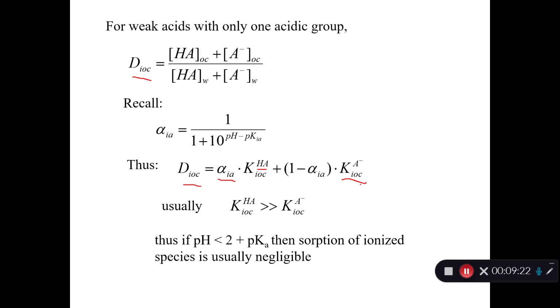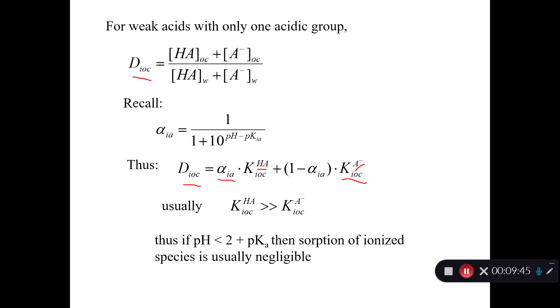Now, most likely we won't be able to find this. But let's say we could. Then we would multiply that by 1 minus alpha because for an acid, 1 minus alpha is the amount of mass that's in this negatively charged form. So we're basically calculating a weighted average of these two equilibrium constants based on how much of the chemical is in the neutral form and how much of the chemical is in the charged form.